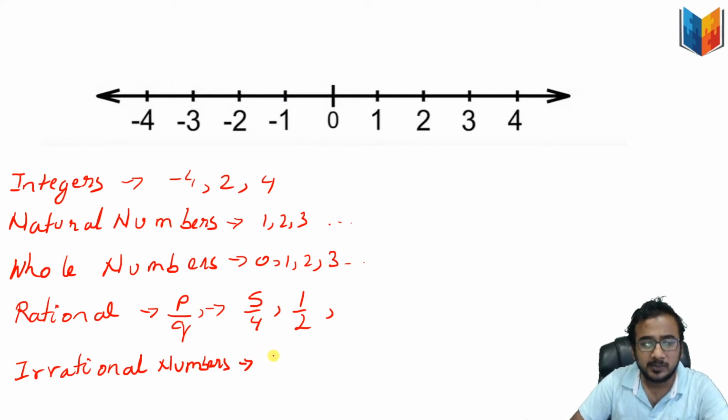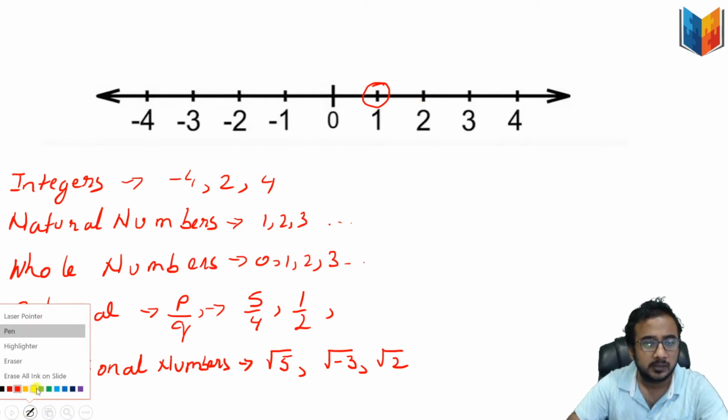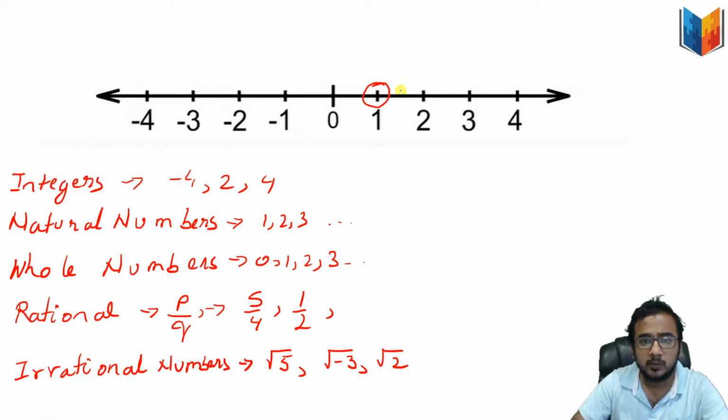Irrational numbers are the numbers which are generally in the root form, like root 5, root -3, root 2. Now, I can represent 1 over here, and 1.5 will lie somewhere over here. 2 is over here.